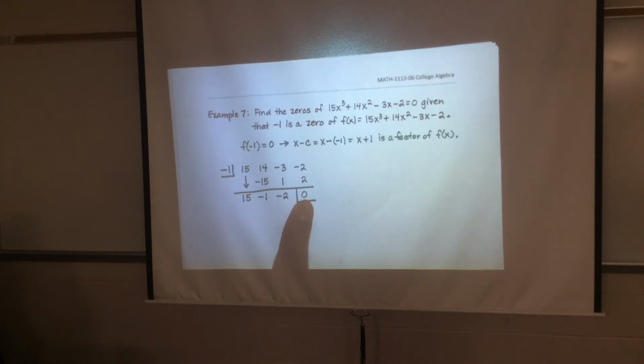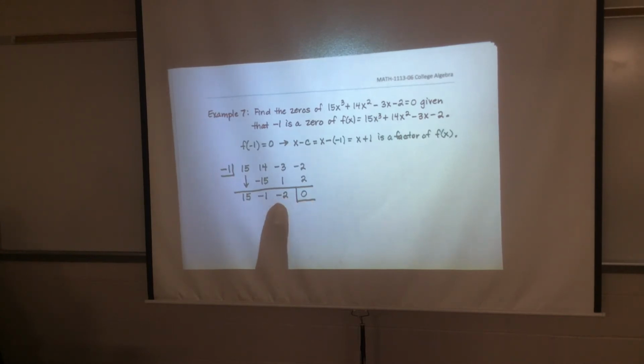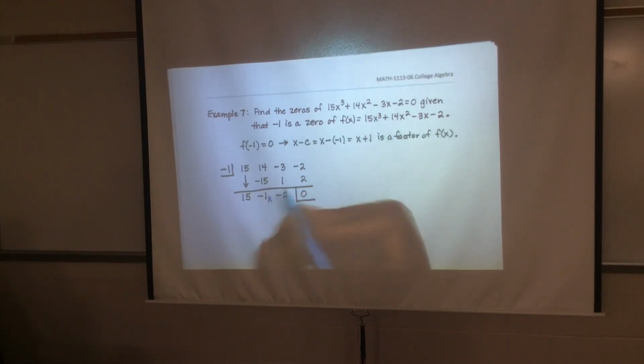Okay? So now, the 15, negative 1, and negative 2 represent the other factor here. If that 0 is your remainder, then your negative 2 will be your constant term. Negative 1 is the coefficient of x. 15 is the coefficient of x squared.